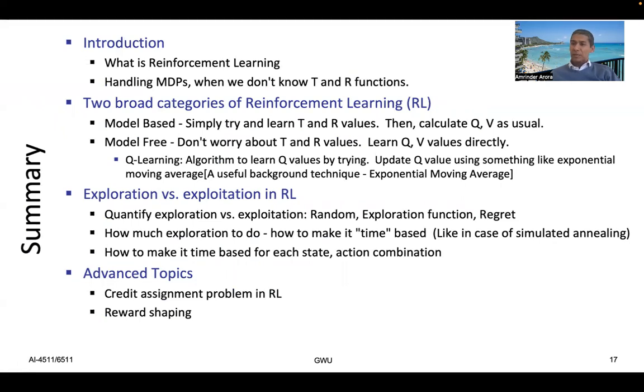How can we make the exploration dependent upon each state, as well as go down over time. How we can take features over all the states so that we don't have to learn each state independently, and also what's a credit assignment problem and what we can do about that. Reward shaping. And that's a recap on reinforcement learning. So go ahead, keep learning.